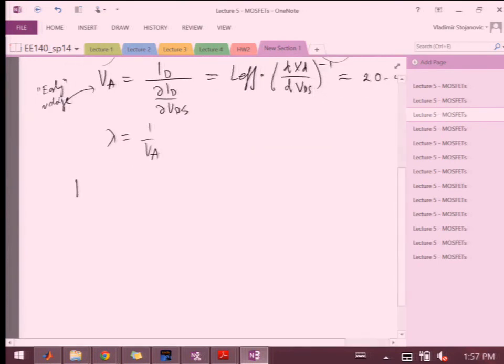So our final modified equation for the saturation would be K prime W over L times VGS minus VTH squared times 1 plus lambda VDS.